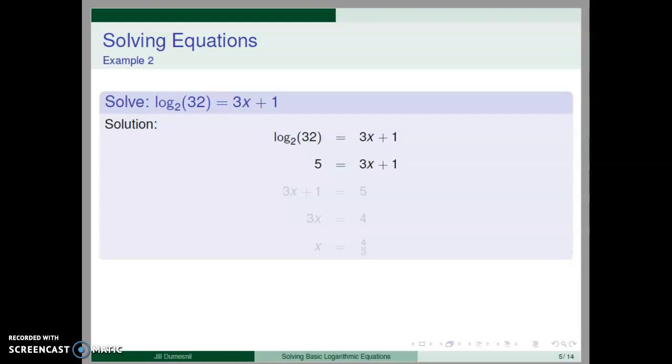Since 2 to the 5th is 32, log base 2 of 32 is 5. Now we have a linear equation to solve. This time we can subtract 1 from both sides and then divide by 3 to get that x equals 4/3. Again, we can check in our original equation that 3 times 4/3 plus 1 equals 4 plus 1, or 5, which is indeed log base 2 of 32.